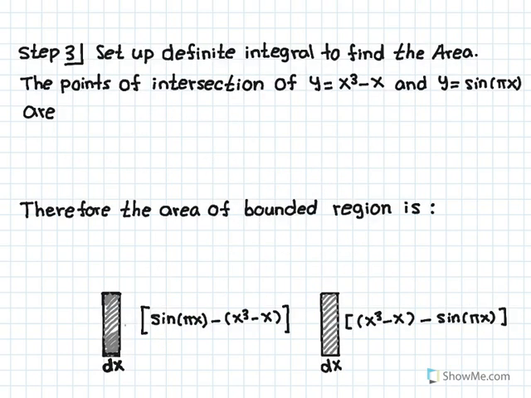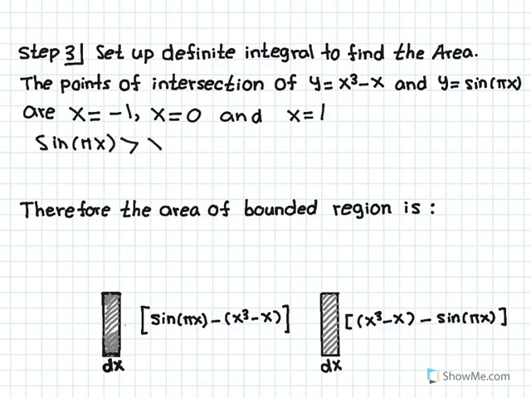All right, so we want to set up a definite integral to find the area. The points of intersection, we found those to be x equals -1, x equals 0, and x equals 1. Now you will notice that the sine function, sine of pi x, is larger than x cubed minus x when x is between 0 and 1.